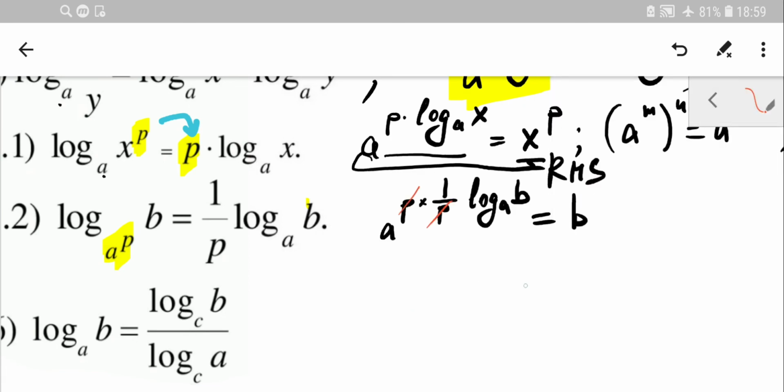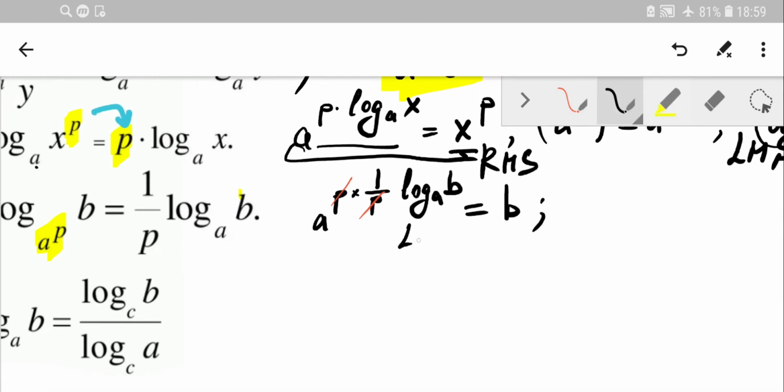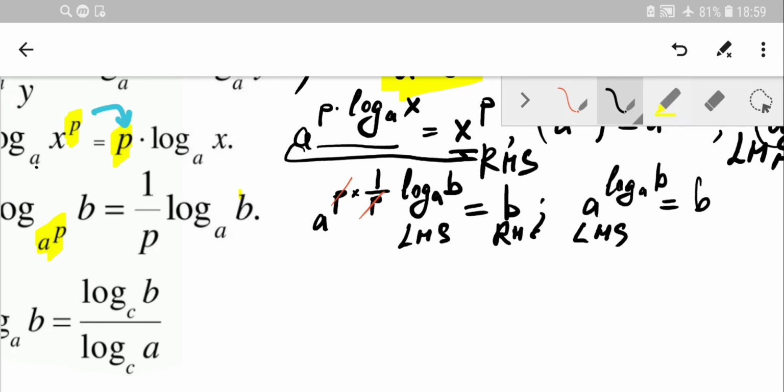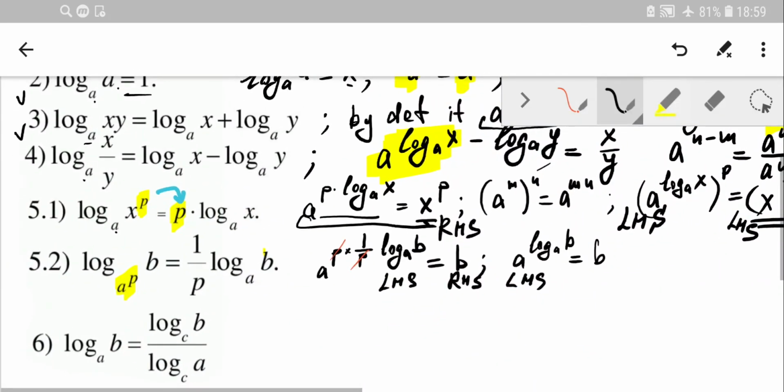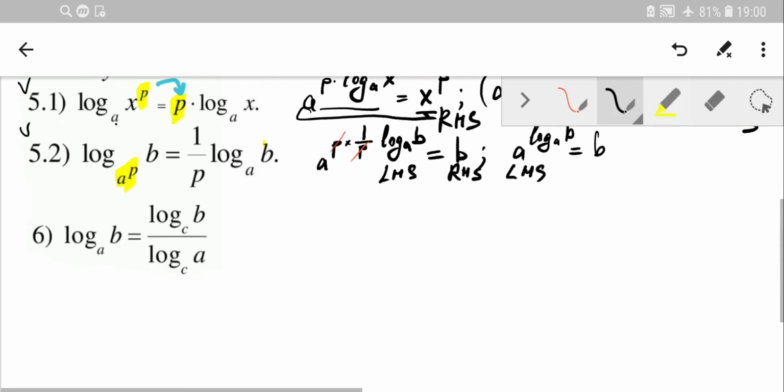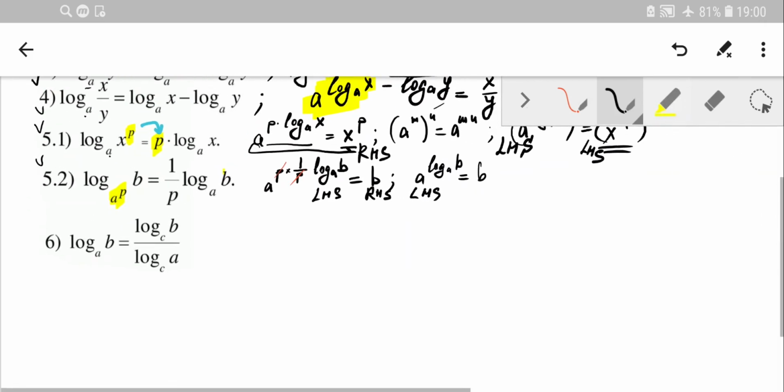P will be cancelled and we'll stay, on the left hand side, with a to the power log ab, which in its turn is simply b, right? And left hand side is b, so it equals the right hand side now. We proved that. Okay, so we proved 5.1, 5.2. Okay, so the last one, look.